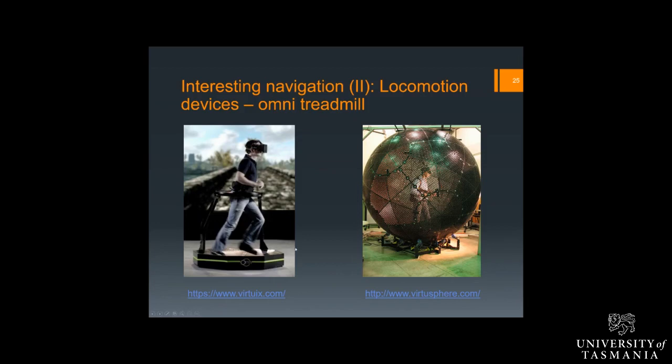This one is more mechanical movement in terms of navigation. On the left, you can go to the website, which is basically an Omni treadmill. You wear specialized shoes that grip on this multi-directional treadmill, and the headset is already tracking in 3 to 6 degrees of freedom. But the one on the right is different, that virtual sphere.